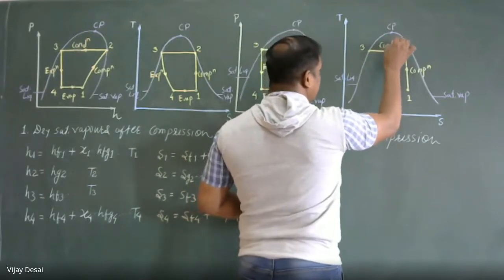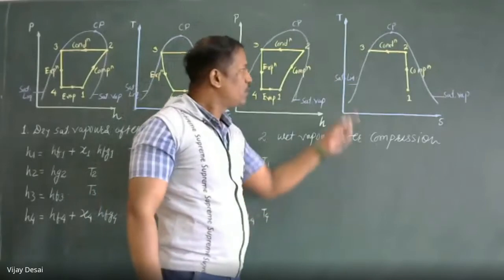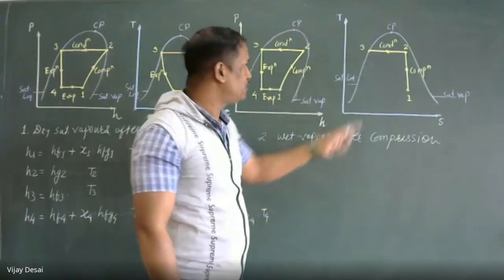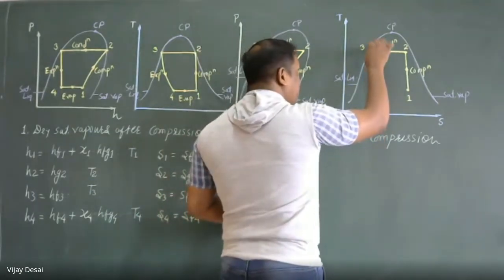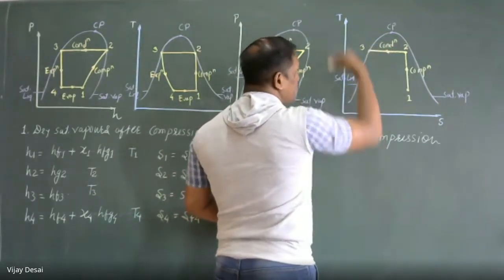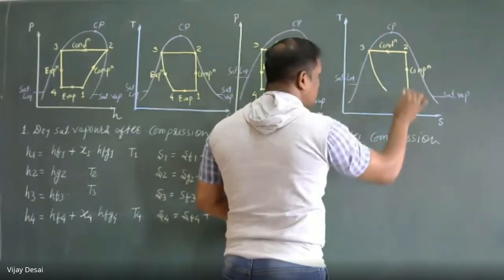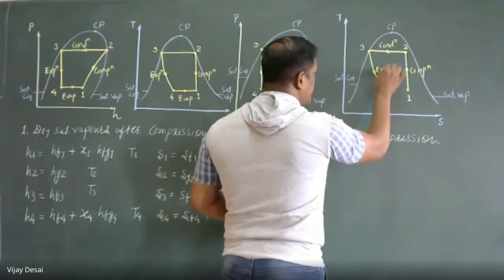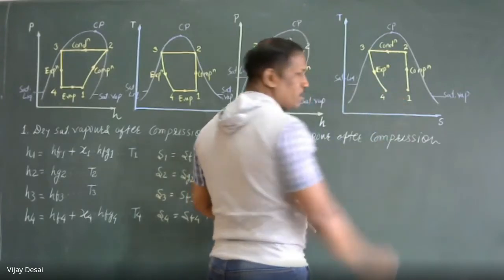This is the condensation process. After condensation, there is expansion through a throttle valve or expansion valve, which is a constant enthalpy process. But a constant enthalpy process on the TS diagram will be a curve. So this is the expansion or throttling process, and it reaches condition 4.